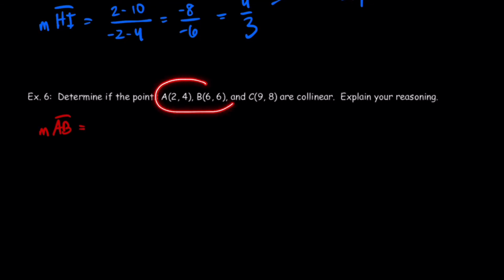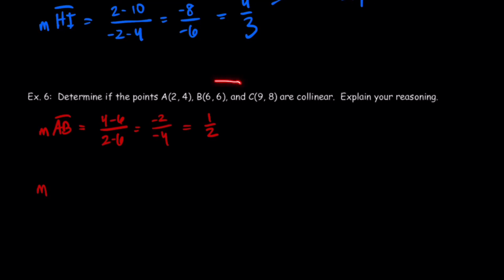So I'm using these 2 points, and let's start with y minus y. 4 minus 6 over 2 minus 6. So 4 minus 6 is negative 2. 2 minus 6 is negative 4. We'll cancel those negatives and simplify that fraction. That's 1/2.